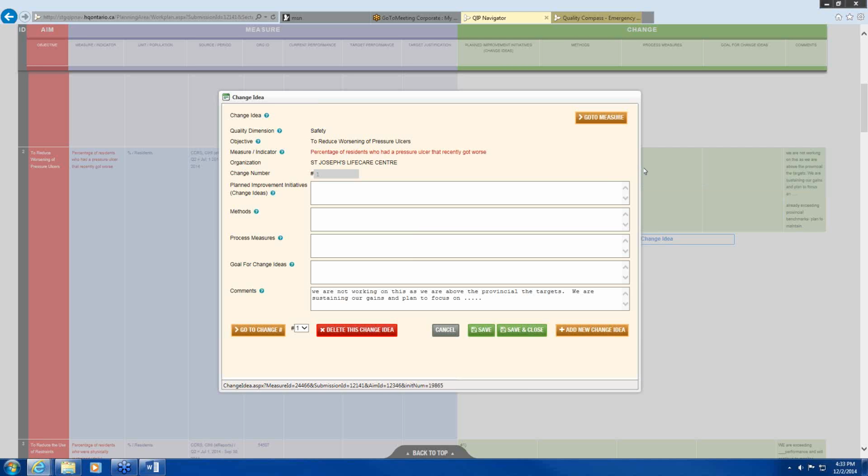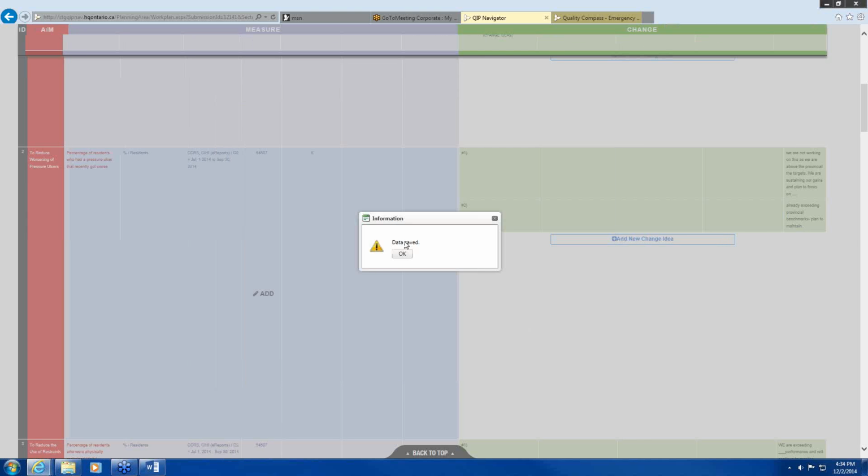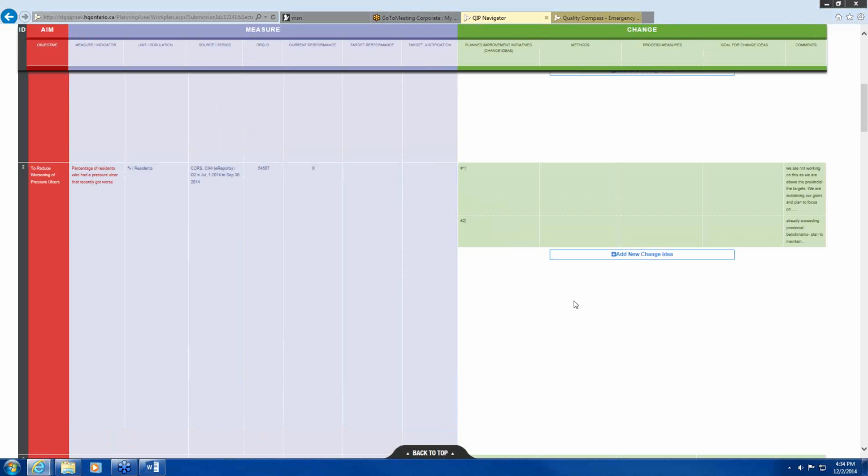If you decide not to work on a priority indicator, you are required to complete the comment section in the green side of the work plan. Otherwise, it will not let you submit. I just wanted to highlight that one because that's an important one to know.